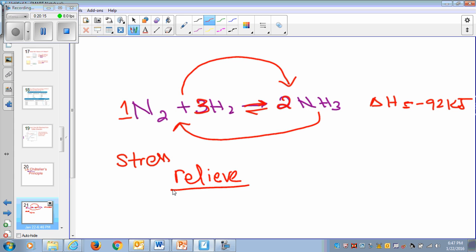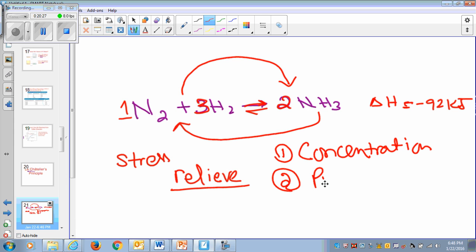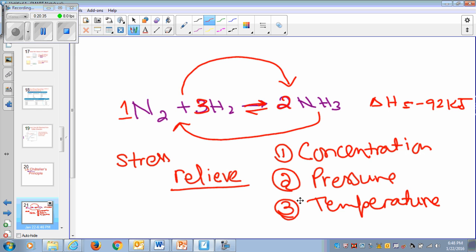Now, how could you stress it? I can stress it by concentration. I can add more than what I need to add. I can stress it by pressure. I can stress it by temperature. The catalyst does not stress it because the catalyst is helping it in both directions.